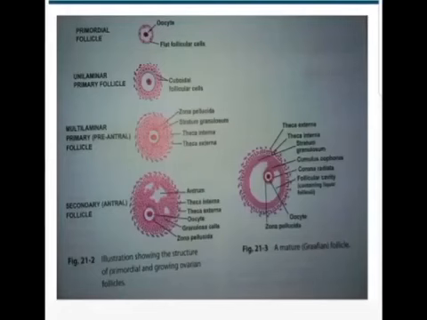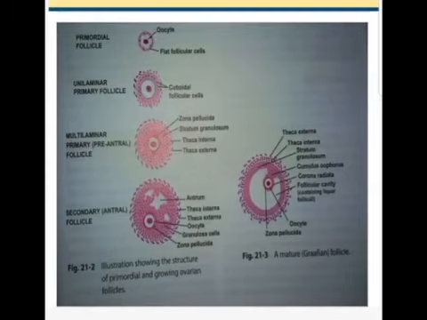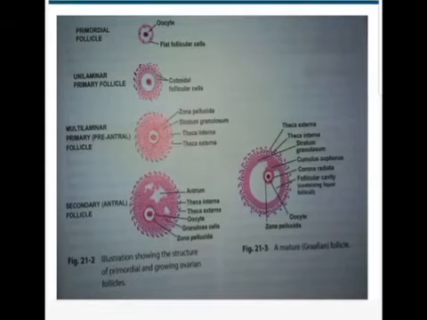Ovarian follicle is a spherical structure containing an immature ovum. These are different stages of the ovarian follicle. It starts from the primordial follicle, then the unilaminar primary follicle, then the multilaminar primary follicle, which is also called the preantral, then the antral follicle, which is also known as the secondary follicle because a cavity appears inside, and then the last stage is the mature Graafian follicle, which is the tertiary follicle.